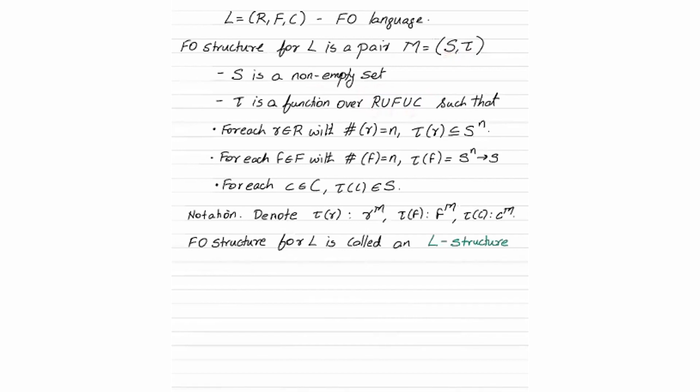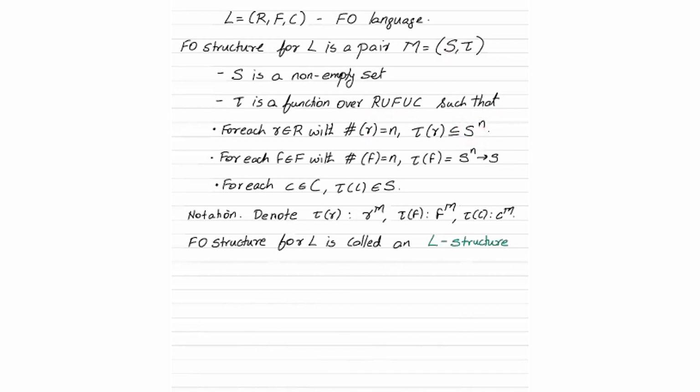So for example, if I take a relation symbol R with arity n, what is the interpretation of R? I need to say what this relation is. It should be a subset of S to the n, where S is the underlying set.